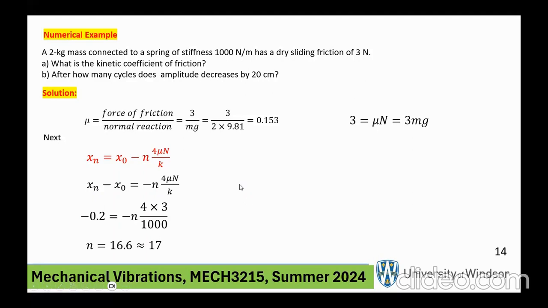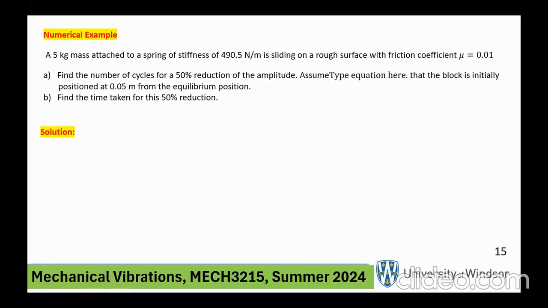Okay? One more problem. We have a 5 kilogram mass attached to a spring of a given stiffness, sliding on a rough surface, and we have the coefficient of friction. It says find the number of cycles for which 50% reduction of amplitude takes place.